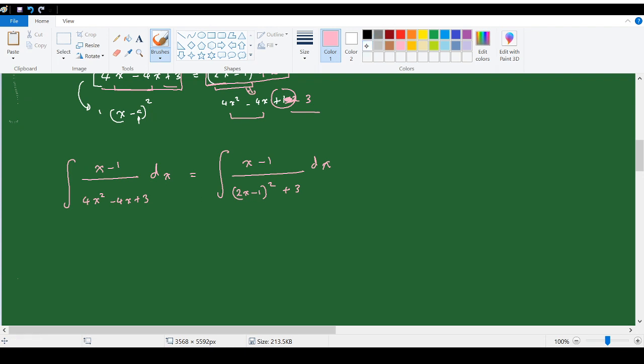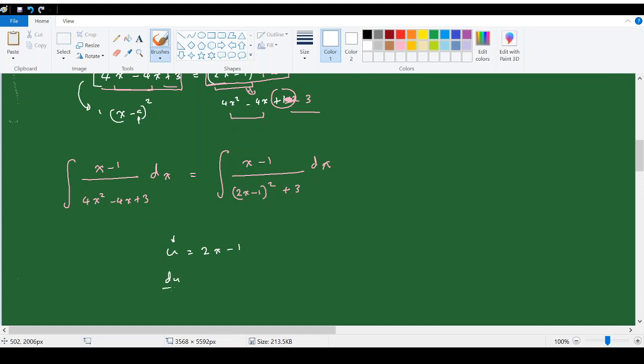So what we do next is we use this substitution. For a substitution to work, we are converting everything in terms of u, so we have to replace everything by u and du terms.